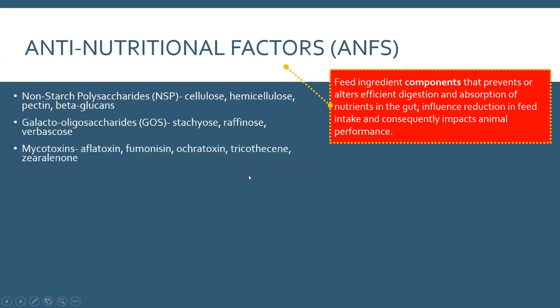Mycotoxins, everywhere in the world, mycotoxins exist. And nowadays, a lot of our feed ingredients, even those that we don't expect to have mycotoxins, already have these mycotoxins. And we know a lot of companies are investing in the detection and quantification of mycotoxins, and of course possible solutions for mitigating the effects of mycotoxins.